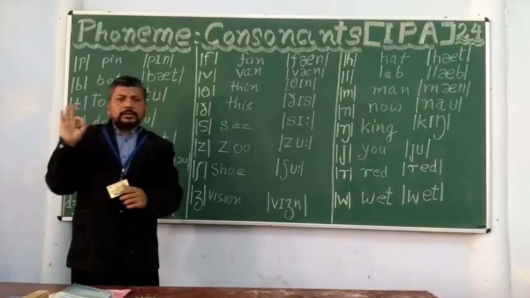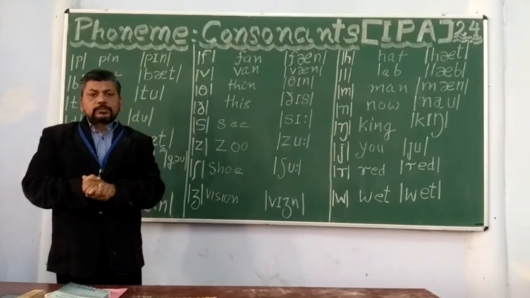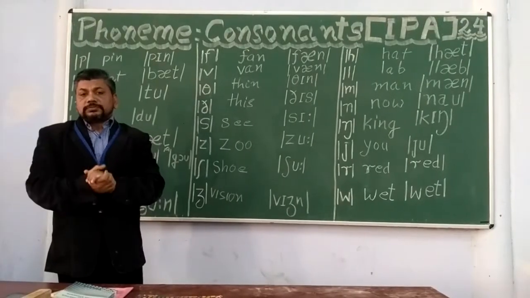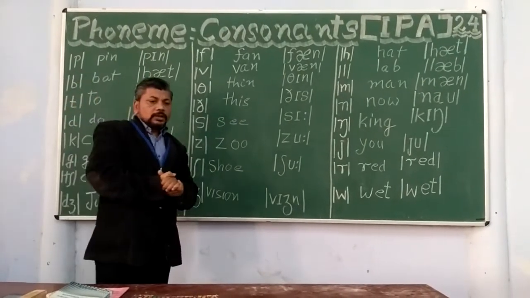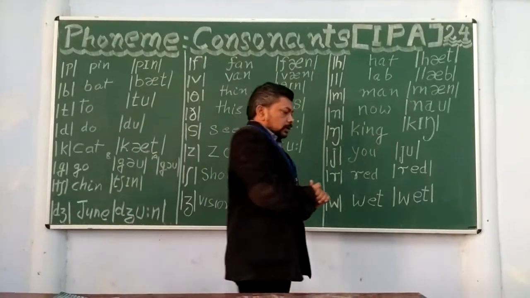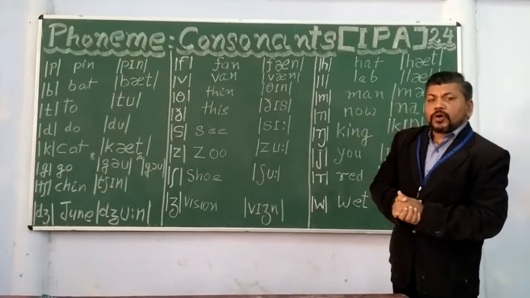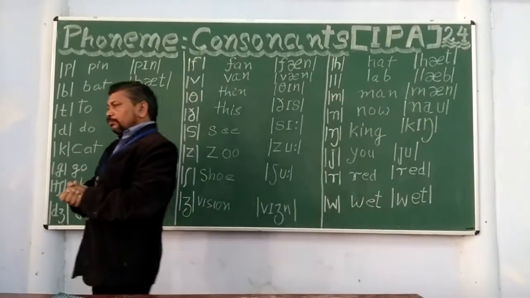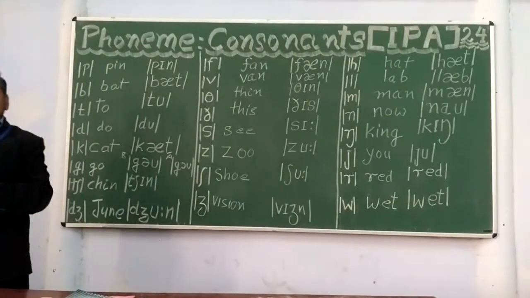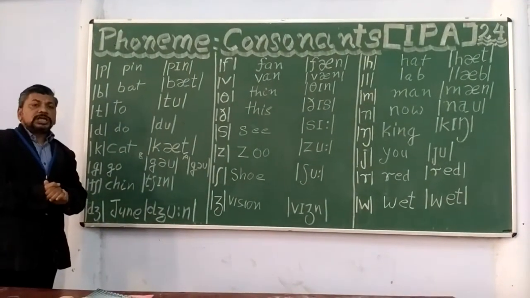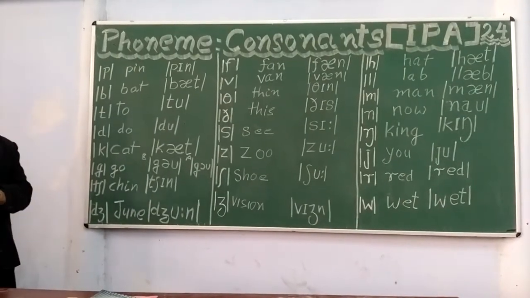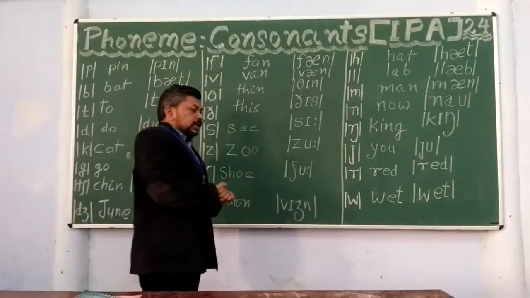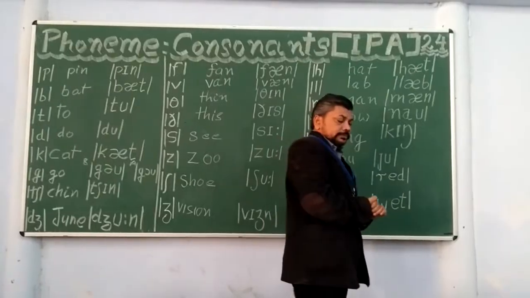The first variety is RP, known as received pronunciation, spoken by the Oxford literary circle. Base RP belongs to the southern part of England.